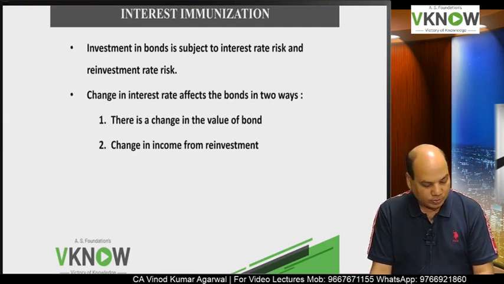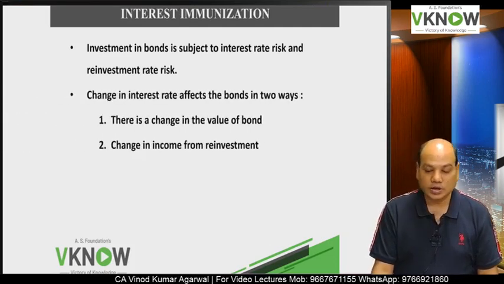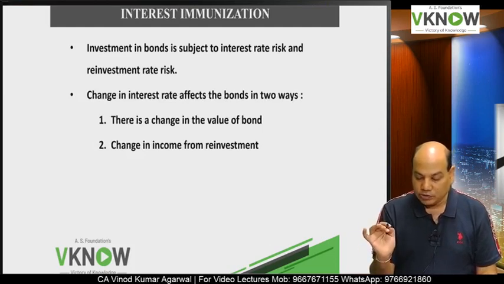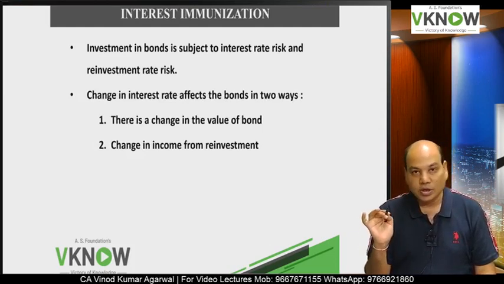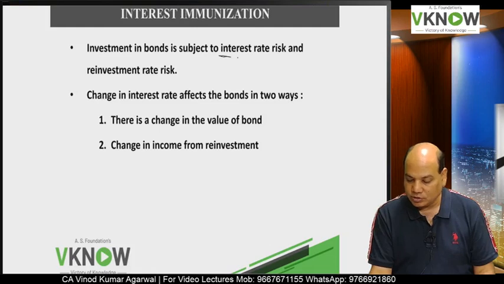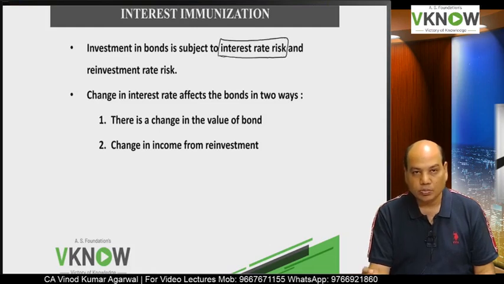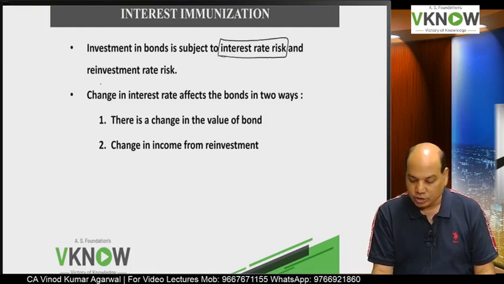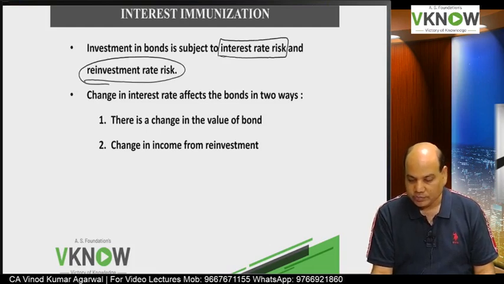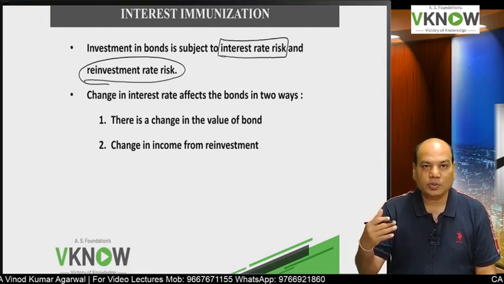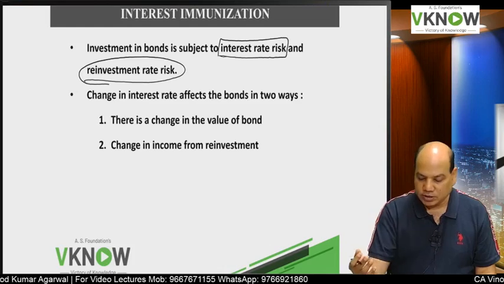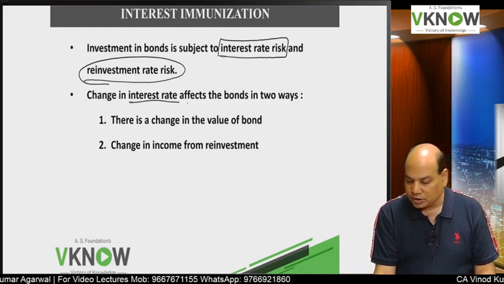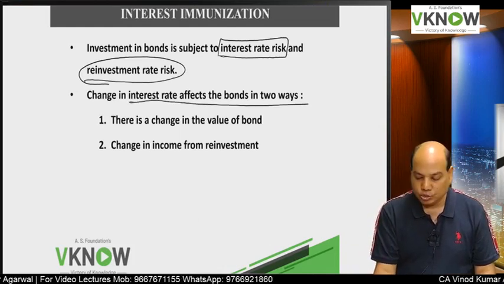So come back to paragraph 34, interest immunization. Investment in a bond is subject to interest rate risk, which means it can change, because of which the bond value will change, and reinvestment rate risk. That means you will not be able to reinvest the coupon at the same rate. So this changing interest rate affects the bond in two ways.